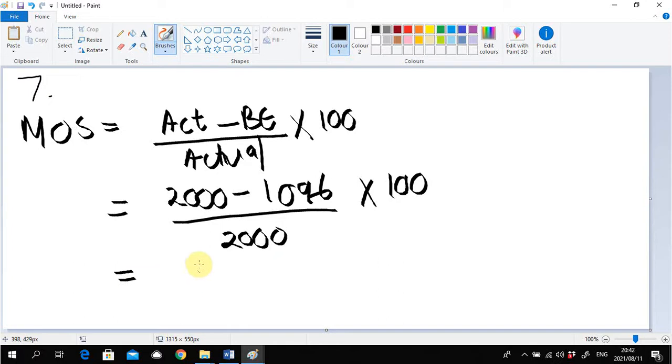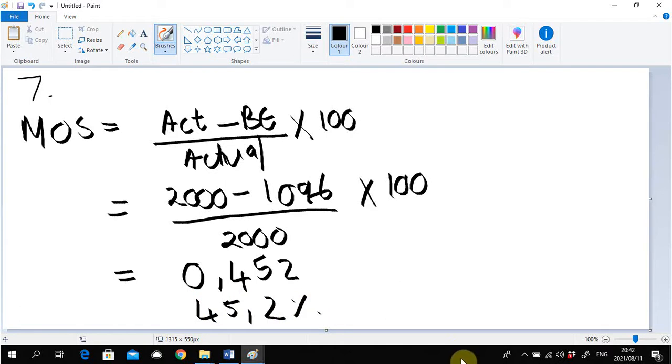I get on my calculator 0,452, and then in percentage it's going to be 45.2%. Right, so this is the margin of safety ratio, just by the way.